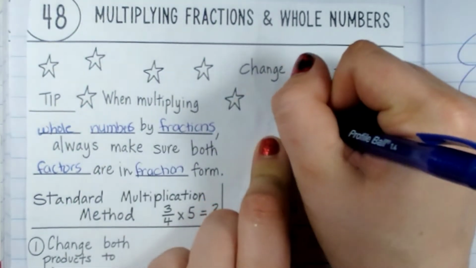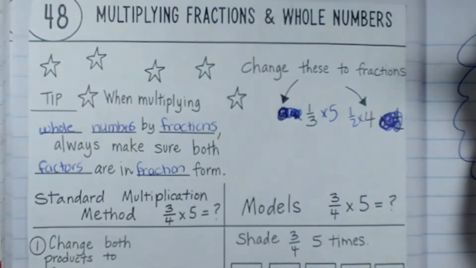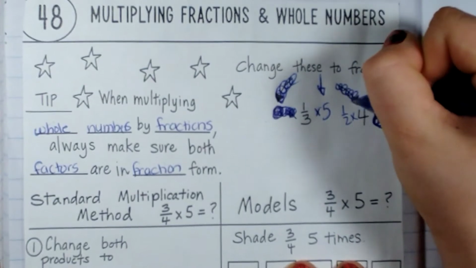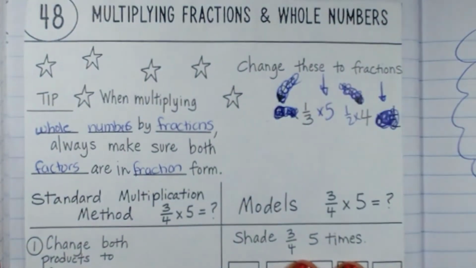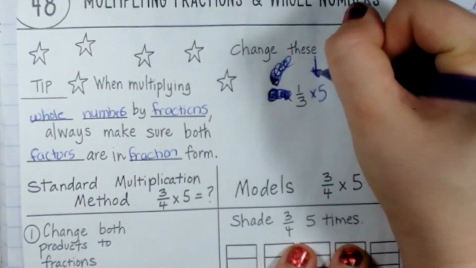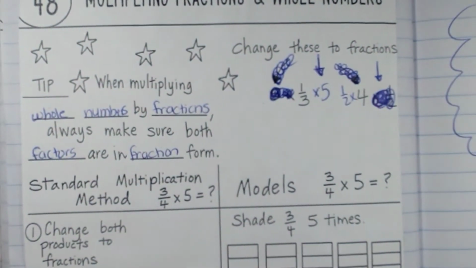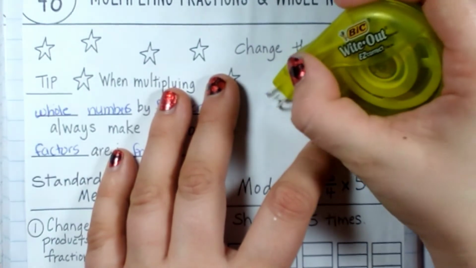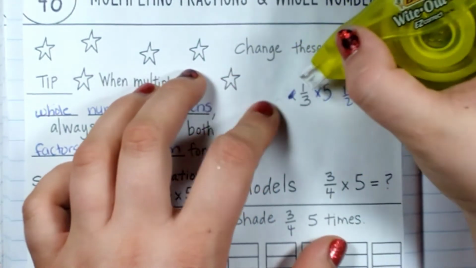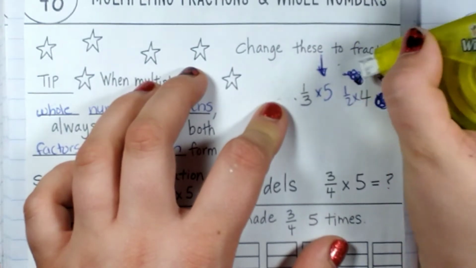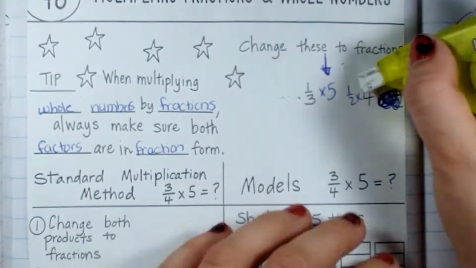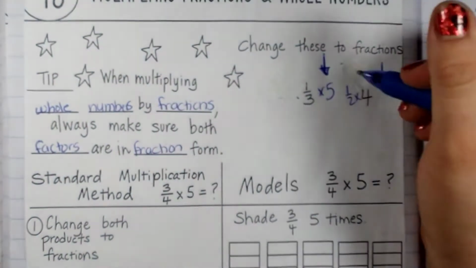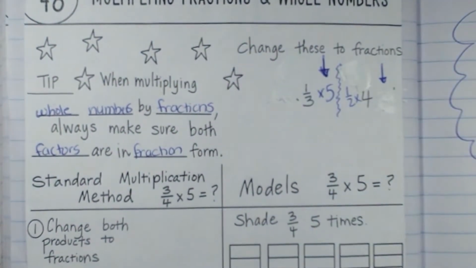We're flipping them around for today, just because I want to only focus on fractions being first. So that's why I'm switching it around here. I'm going to take my white out, and that'll be easier for us to follow as I take the notes. Those are 2 separate fractions.